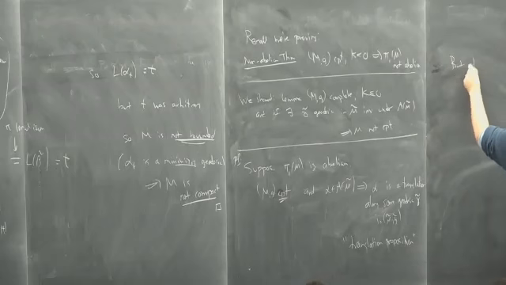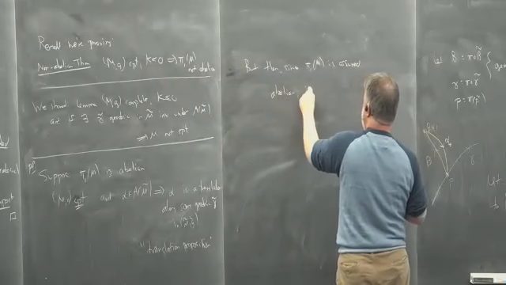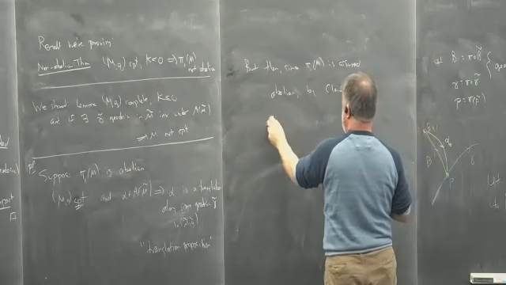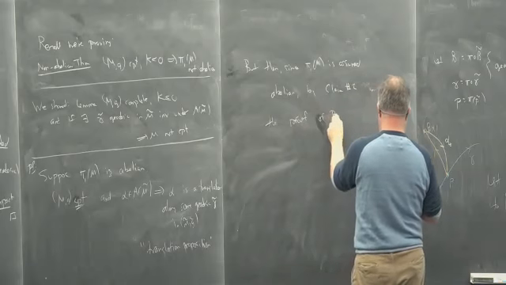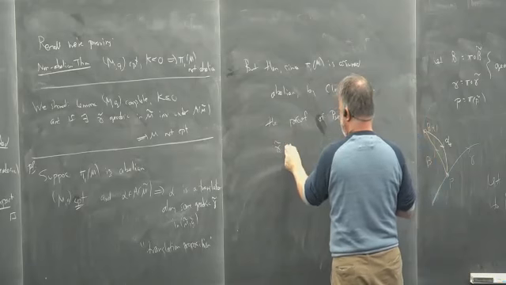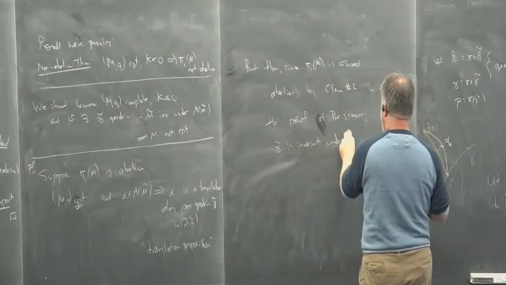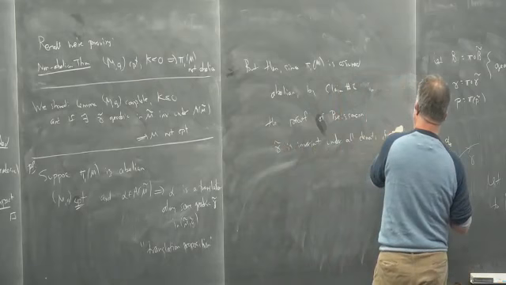But then, since pi1 of M is assumed to be abelian, by claim number 2 in the proof of Preissman's theorem, gamma tilde is invariant under all the elements of AM tilde, right?